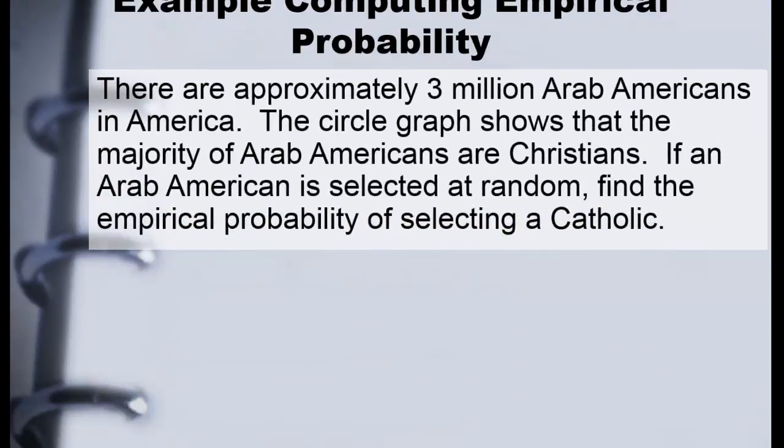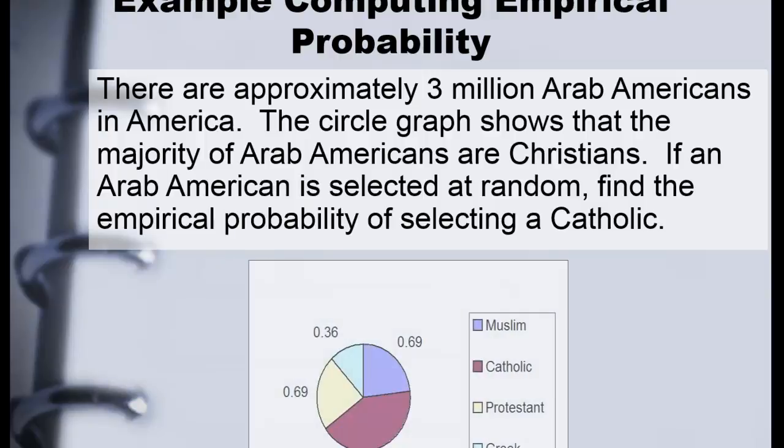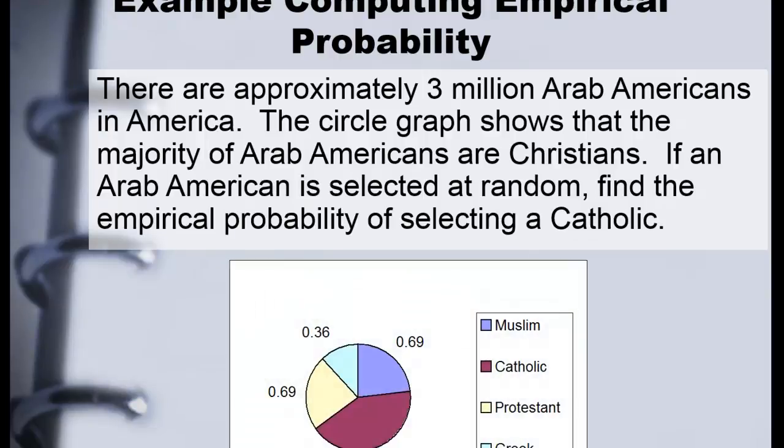So we have here, there are approximately 3 million Arab Americans in America. The circle graph shows that the majority of Arab Americans are Christians. If an American is selected at random, find the empirical probability of selecting a Catholic.